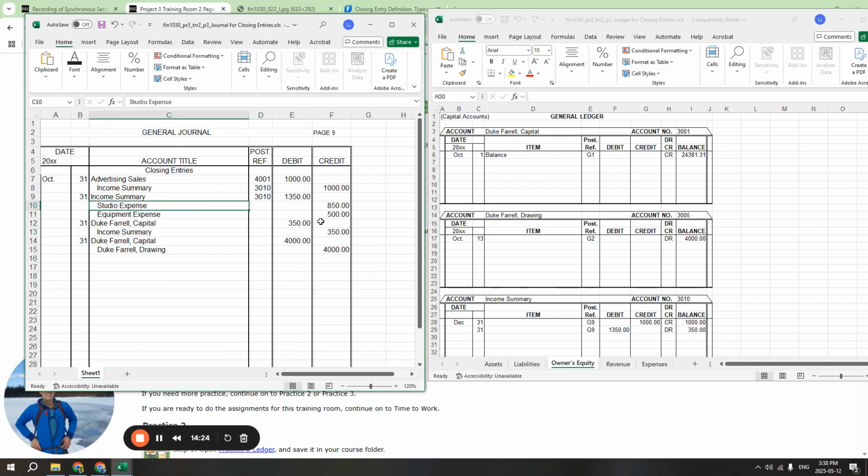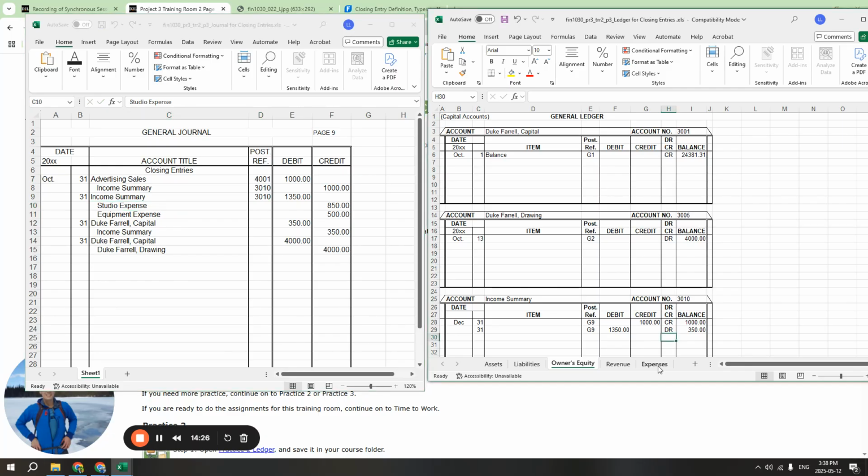Next, studio expense, credit $850. So expenses, studio expense, change the date, December 31st. This was on page G9. We're going to credit it for $850. And then we had a debit balance of $850. Now we're adding a transaction of $850 credit, so then there's a zero balance.